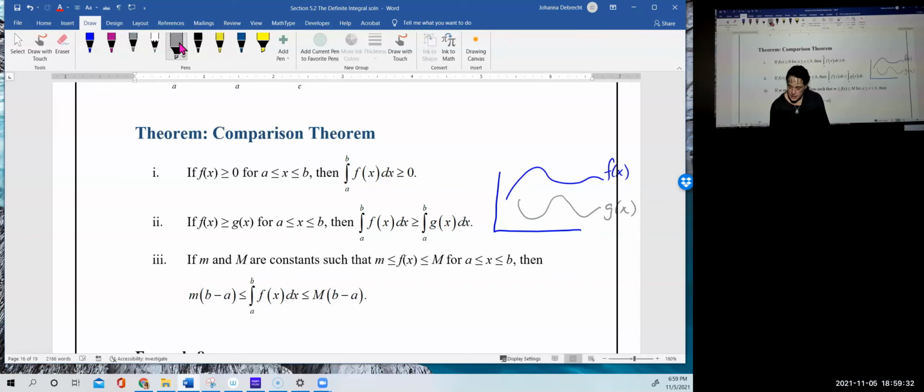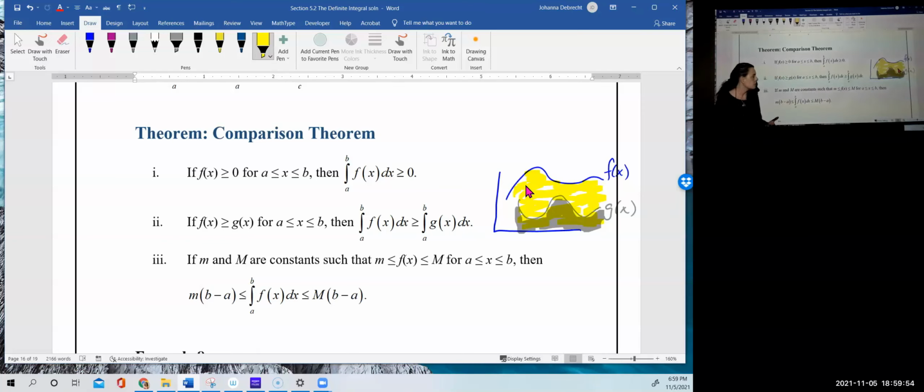Well, it should make sense to you that the area that is underneath g of x has got to be less than the area that is underneath f of x, because f of x is larger and it includes the area that's under g of x plus more. And so you can see that as long as f of x is greater than or equal to g of x, then the area between f of x and the x-axis is greater than or equal to the area between g of x and the x-axis.